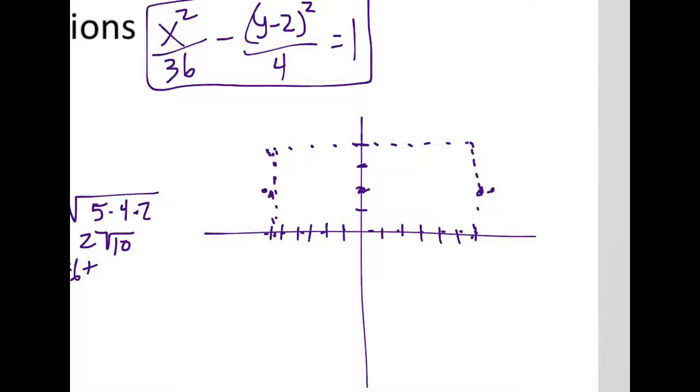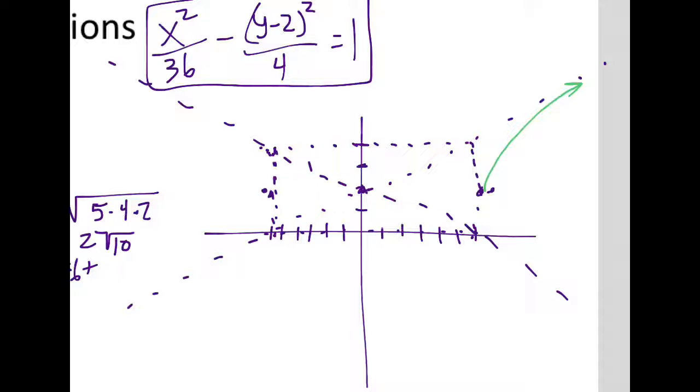So then asymptotes running like that. Remember, there's 2 of them going right there. And we could then sketch this in just like that. And again, it is reasonably accurate to the best of our abilities.